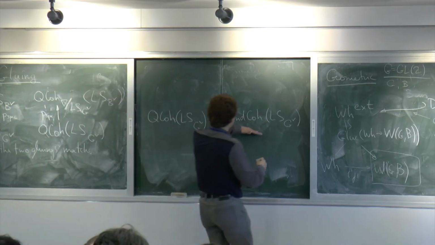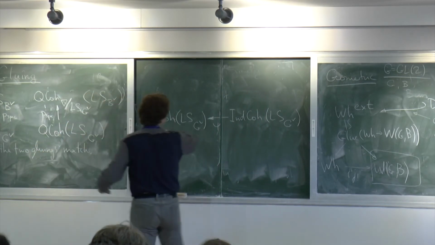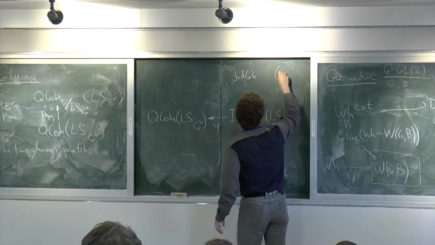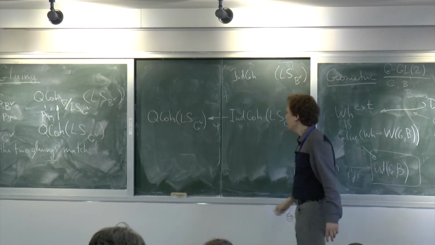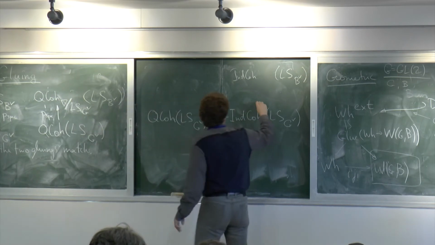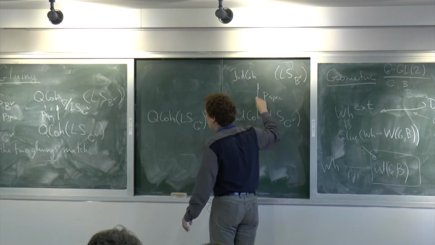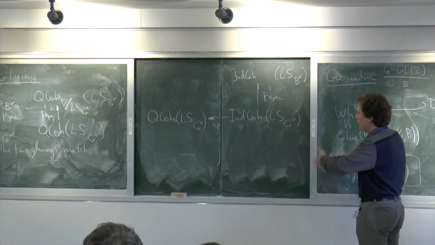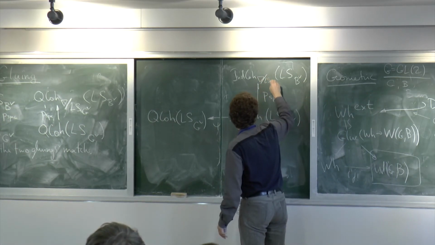Now, given an Ind-Coherent sheaf on G, I can pull it back and get an Ind-Coherent sheaf on B check. Because I'm pulling back along this map, the functor is the pullback, P spec shriek, and this will have a connection along the fibers.